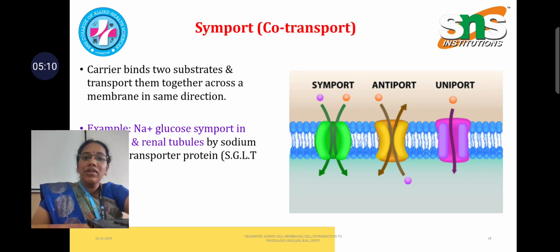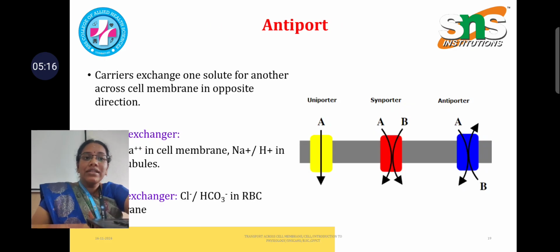For example, sodium and glucose come inside a cell through the renal tubules in the same direction. Whereas in antiport, they go in opposite directions, where sodium comes inside the cell and potassium goes out of the cell. In the example here, cations and anions, when the positive charge enters a cell as the negative charge goes out of the cell, this mode of opposite transport is called antiport.